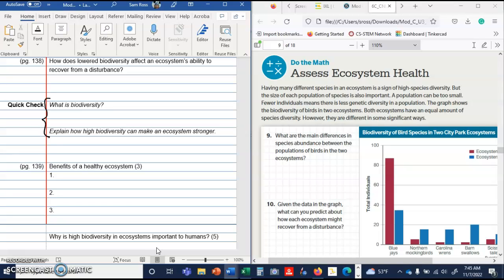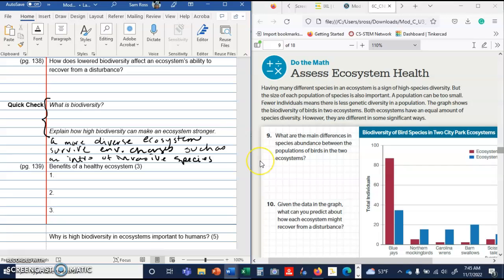So a more diverse ecosystem will be more likely to survive environmental changes, such as an introduction of invasive species. Again, I hope you're listening to this because I didn't write all the words down. So a more diverse ecosystem will be more likely to survive environmental changes such as the introduction of invasive species.